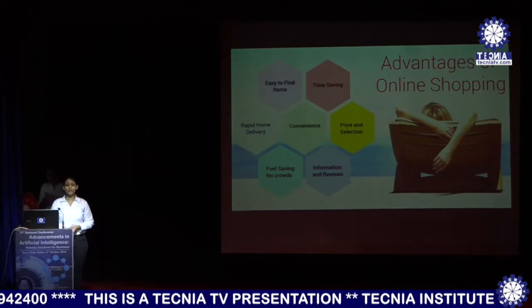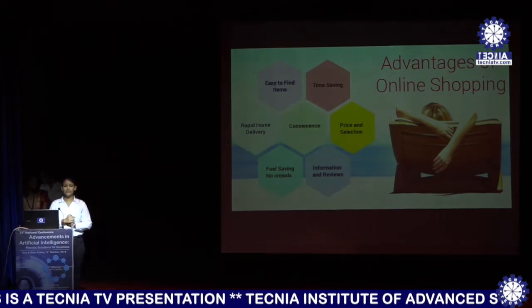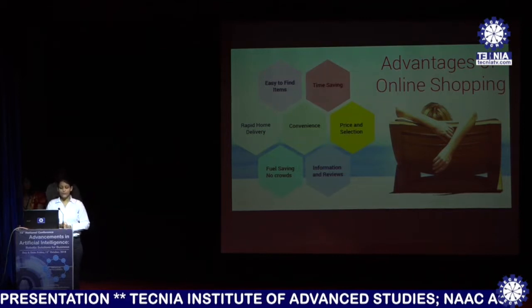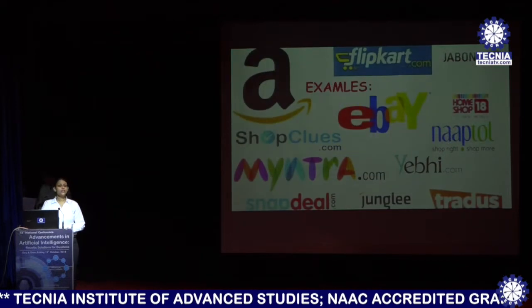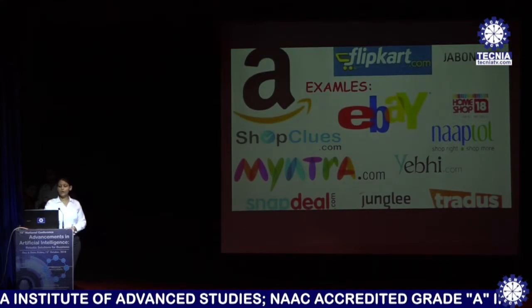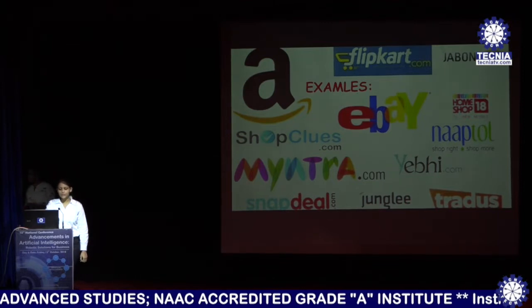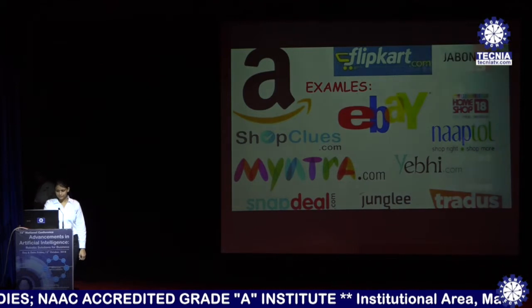We can always check the review of a product, whether it's good or not, whether it's easy to use or not. Fuel saving, no crowd. Rapid home delivery and convenience. These are all examples of online shopping sites: Amazon, Myntra, Snapdeal, Shopclues.com, eBay, Naaptol, etc.